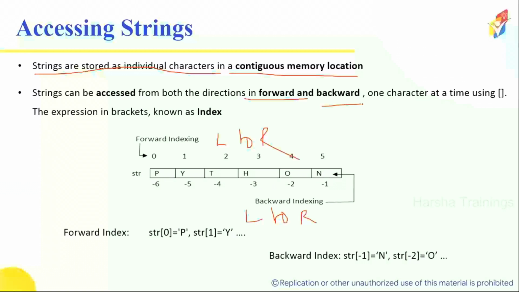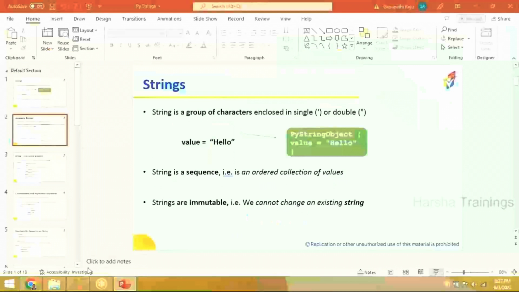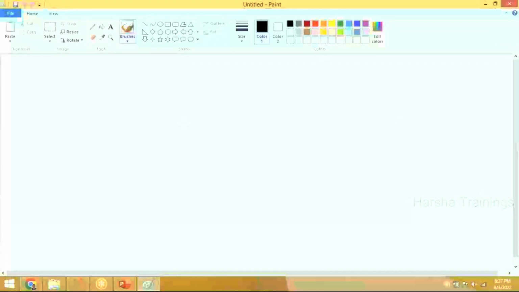Will you agree? Now, if I want to access the data, I should use square brackets. Within the square brackets, I should send an index location. For example, let me take a small example. Sorry, let me take a paintbrush and explain.